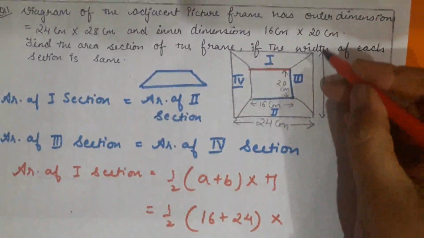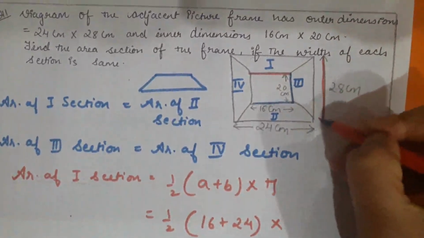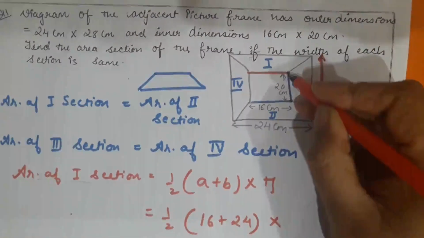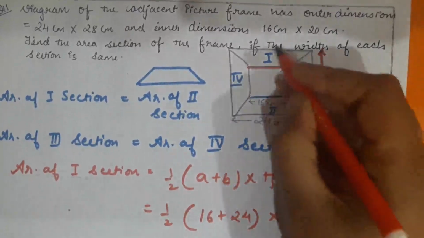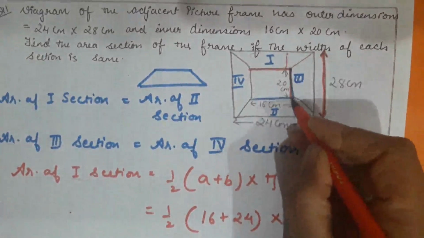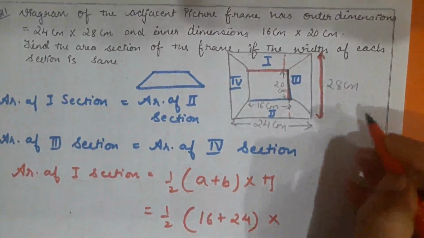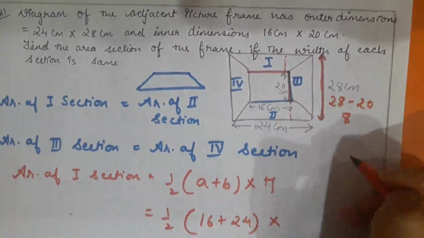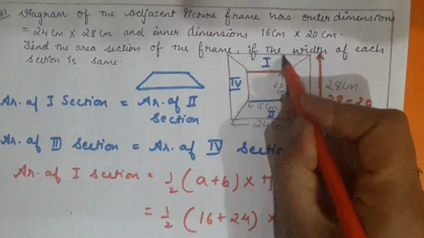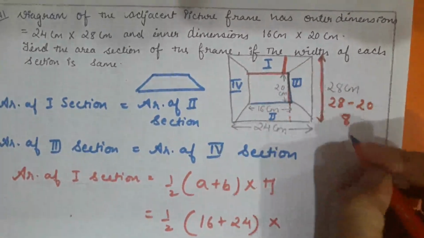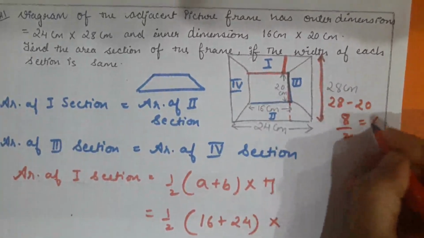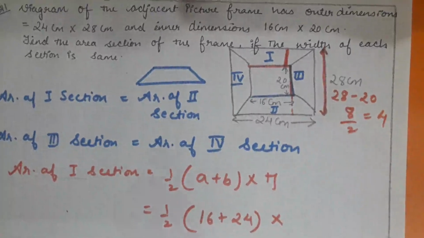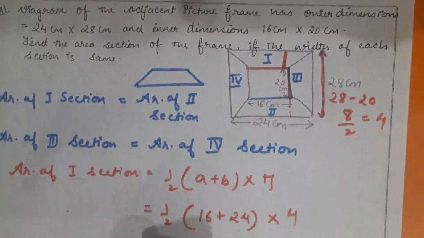See, the whole is 28, this much is 20. So this particular portion and this particular portion are left over. So 28 minus 20 gives you 8. We need only this much. Both are equal, so 8 upon 2 gives you 4. So from here we are able to find the height 4.